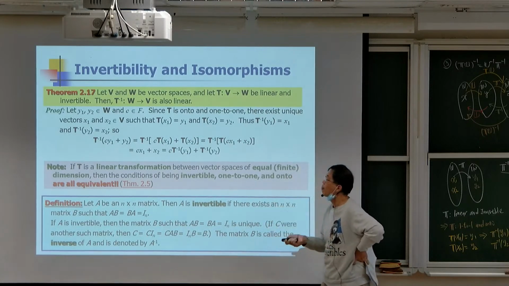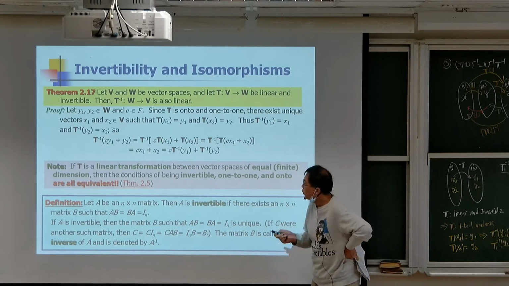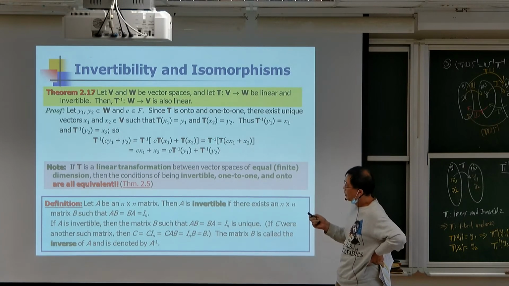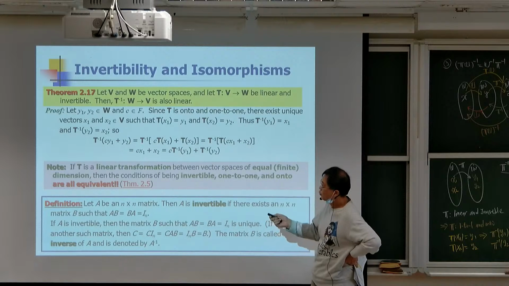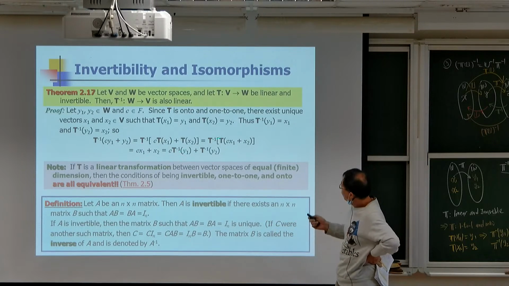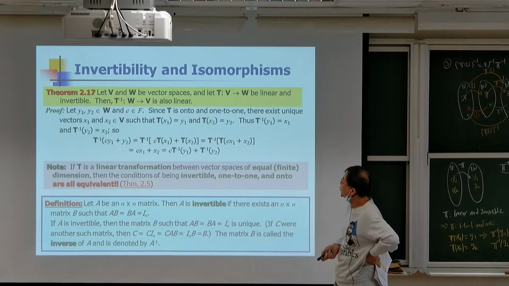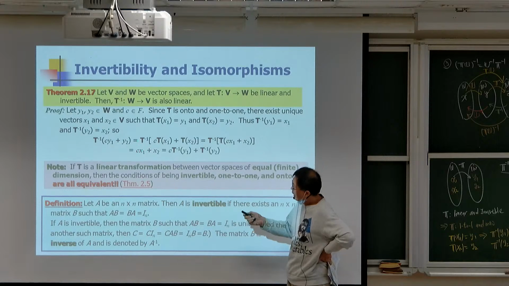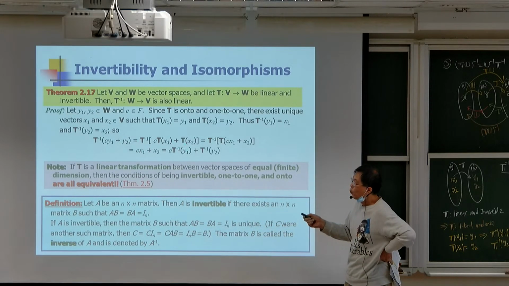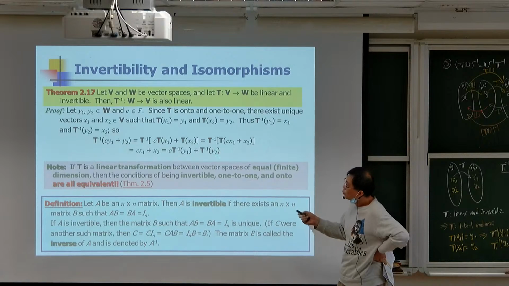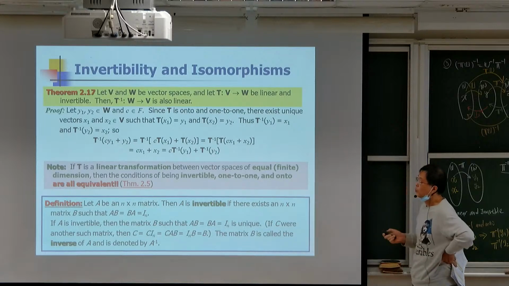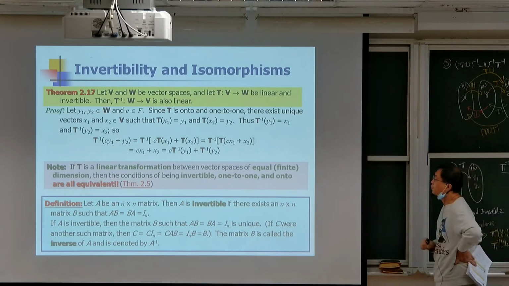Also, because T inverse is the inverse transformation of T, the composition of these two transformations should be the identity transformation, which will be equal to c x1 plus x2. But we know x1 equals T inverse of y1 and x2 equals T inverse of y2. So we replace x1 by T inverse y1 and x2 by T inverse y2. Then we have c times T inverse of y1 plus T inverse of y2. So then we finish this proof.